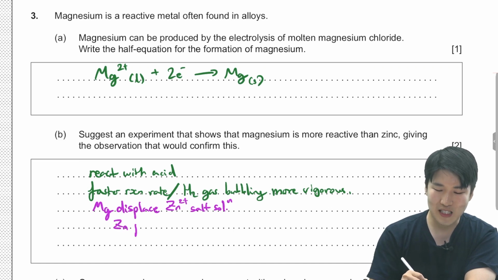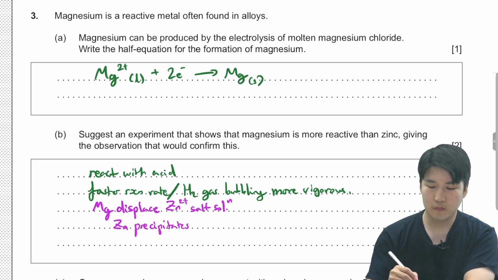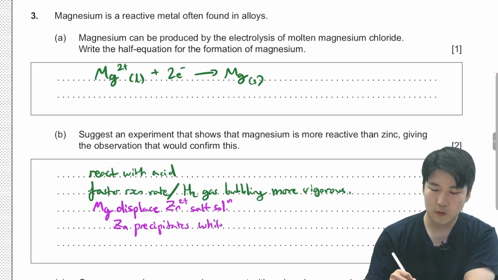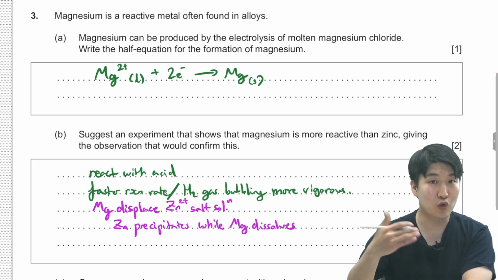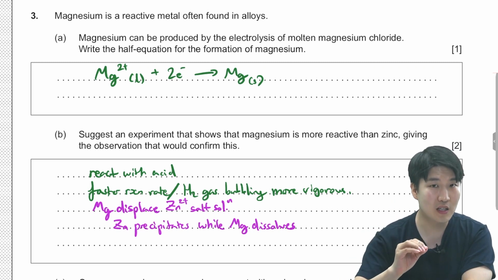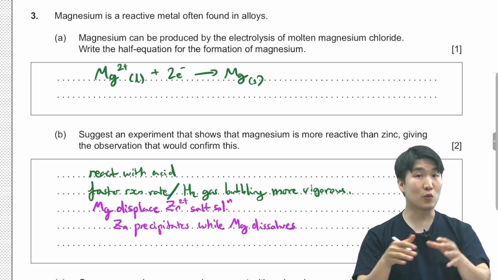Zinc will precipitate while magnesium dissolves as it oxidizes into Mg2 plus and takes the place of zinc to form magnesium salt solution.